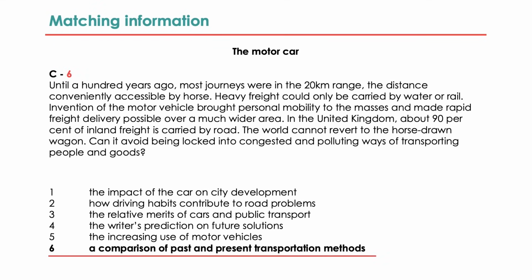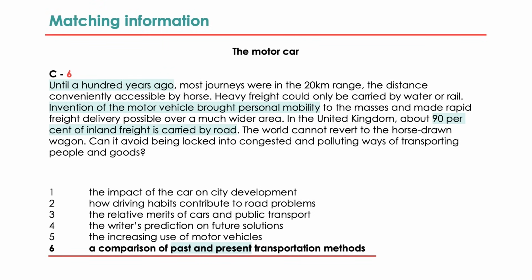Number 6. A comparison of past and present transportation methods. Let's have a look. The key words here are past and present. The paragraph begins by describing the transport 100 years ago. Then it says that the invention of the motor vehicle brought mobility.